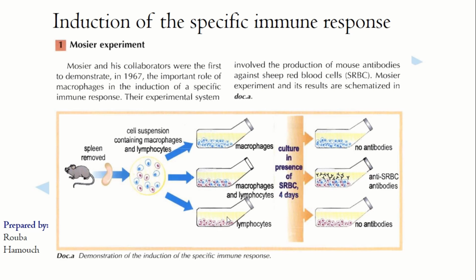The third medium contains only lymphocytes, while the second medium contains both macrophages and lymphocytes. Now, the 3 culture media are cultured in the presence of SRBC again. It's the second contact with the antigen for 4 days. And these are the results of the experiment.